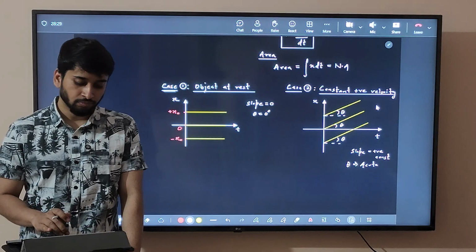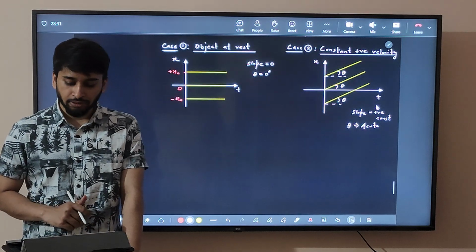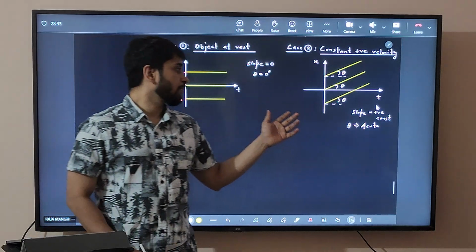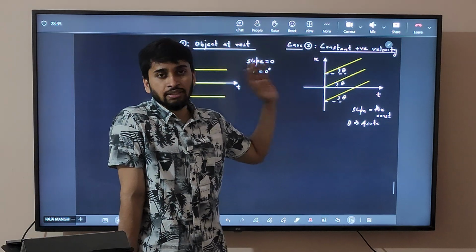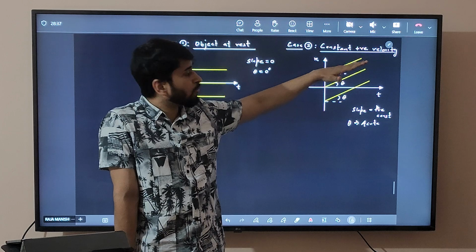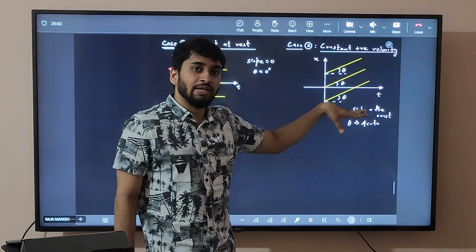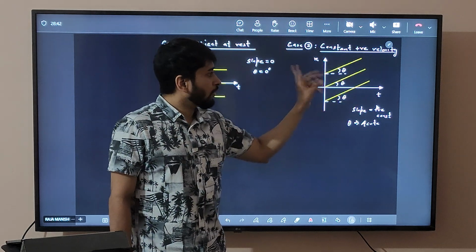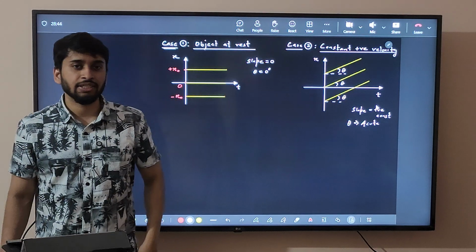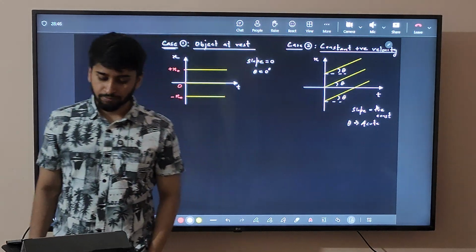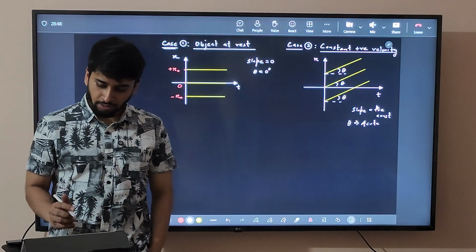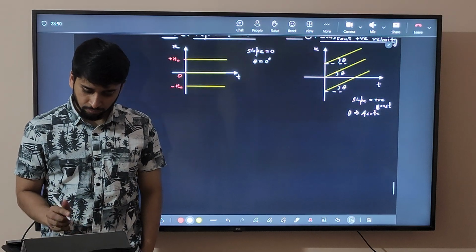Great. So it will be a straight line making an acute angle with the time axis. So any of the graphs is possible. The only thing is that theta should be acute here, right? Great. Now let us see case 3.